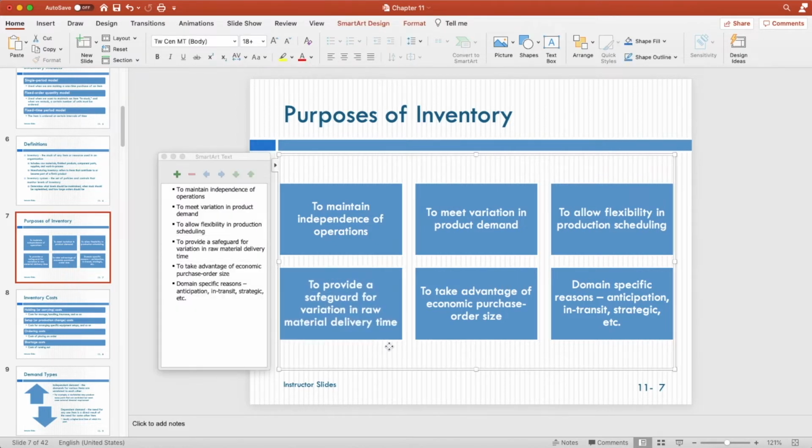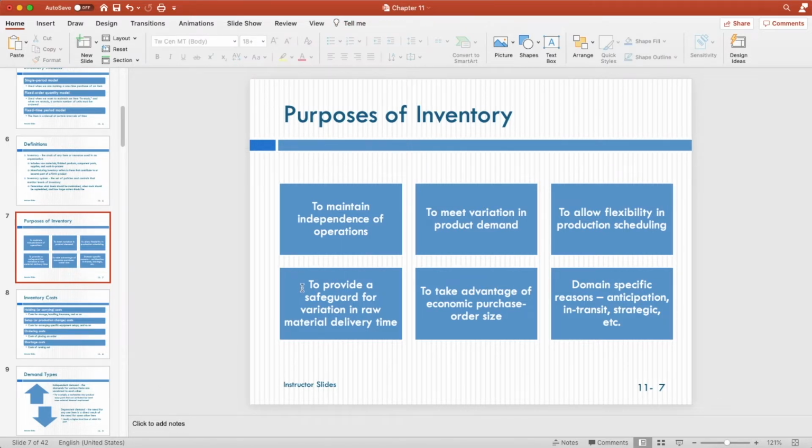The next thing is to provide a safeguard for variation in raw material delivery time. This can be another reason why we really need inventory. In the first 2 examples I just gave you, it's basically to mitigate the demand uncertainty and the production scheduling uncertainty. But even if these 2 procedures are perfect, you perfectly predict the market demand and perfectly schedule your production, you may still have some other uncertainty.